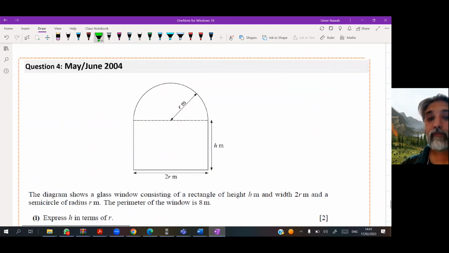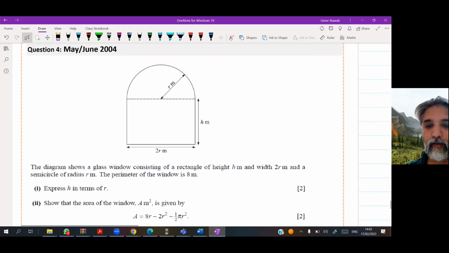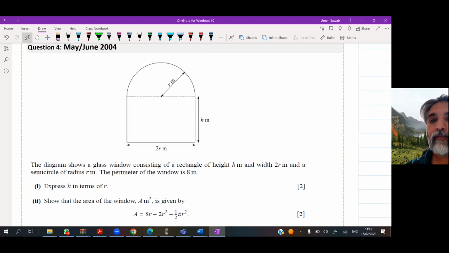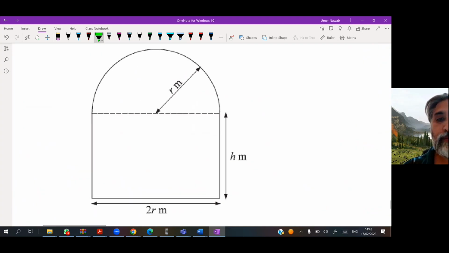Now, question number 4, which is, I think, related to stationary points and maximum minimum points. He says that there is a window which is made up of 2 parts, a rectangle. This is the rectangle, guys.